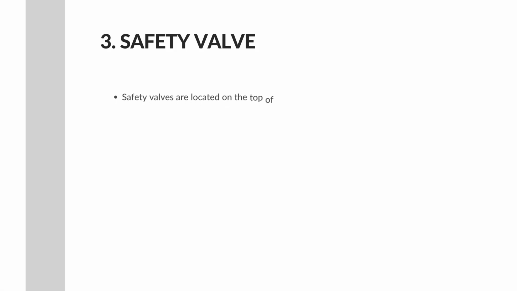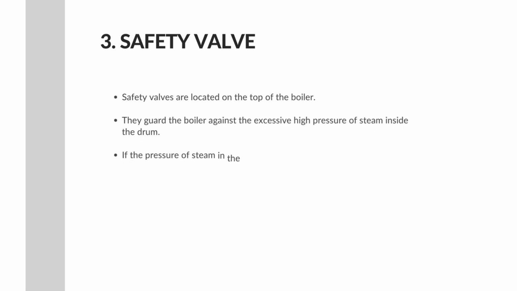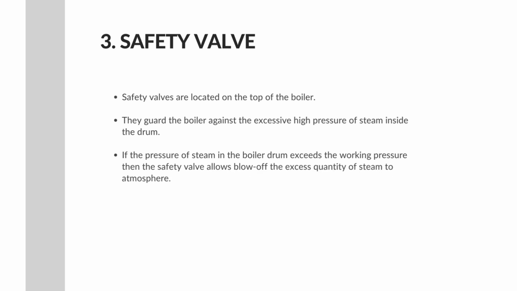Third is the safety valve. Safety valves are located on the top of the boiler. They guard the boiler against excessively high pressure of steam inside the drum. If the pressure of steam in the boiler drum exceeds the working pressure, then the safety valve allows the excess quantity of steam to blow off to the atmosphere.